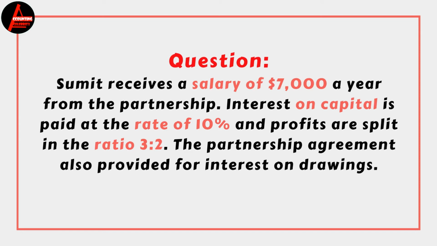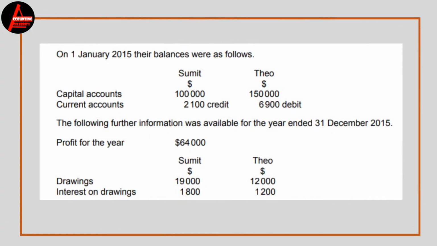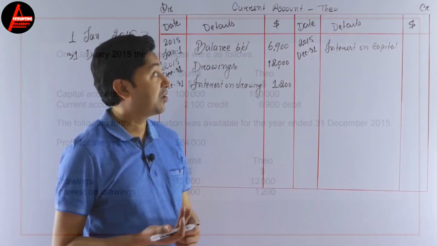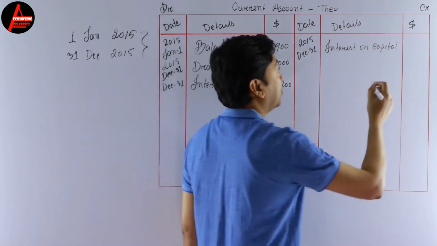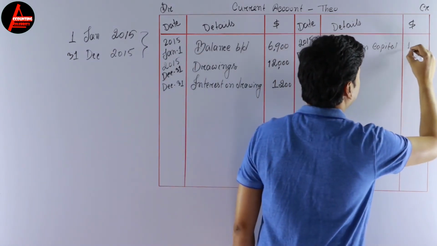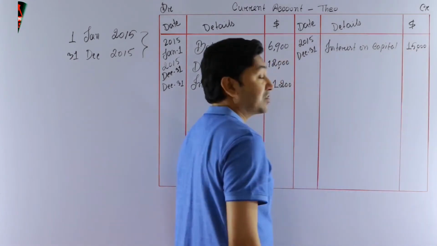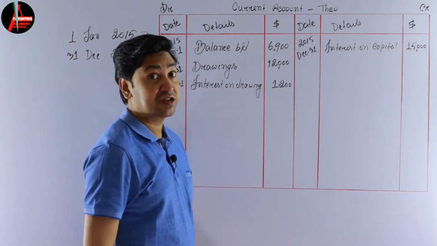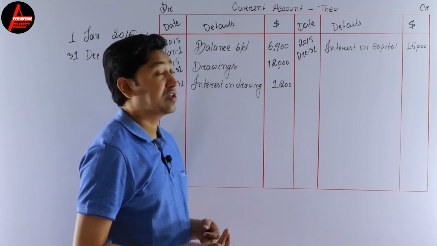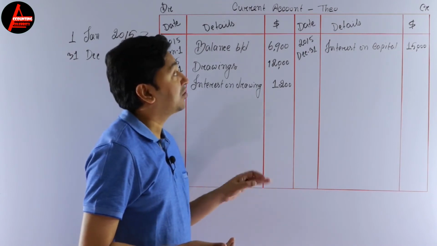So what is the capital for Dio? It is $150,000. $150,000 times 10%, what do we get? We get $15,000. So this amount is already taken in the profit and loss appropriation account. That is the reason I told you to watch that video, then to come here.